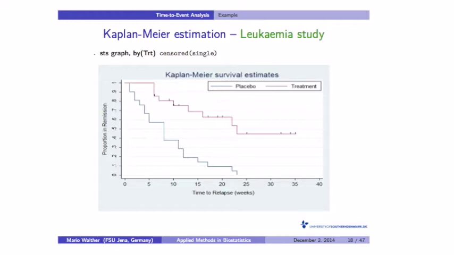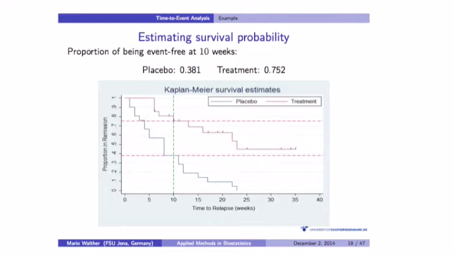From the Kaplan-Meier plot or estimation, you can estimate certain survival probabilities. For instance, you want to estimate the probability of being event-free at 10 weeks. This can be deduced from the Kaplan-Meier plot by drawing a vertical line at 10 weeks. At the point where this vertical line crosses the Kaplan-Meier plot, you can read off the value on the probability axis, the y-axis, to get an estimate for the probability of being event-free at 10 weeks.